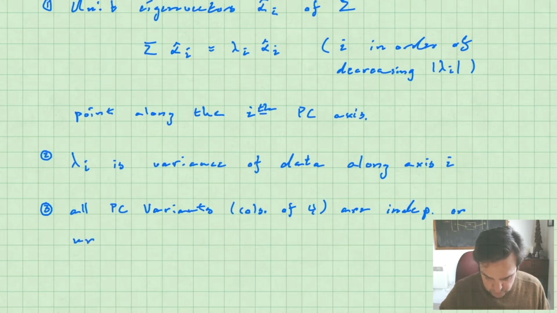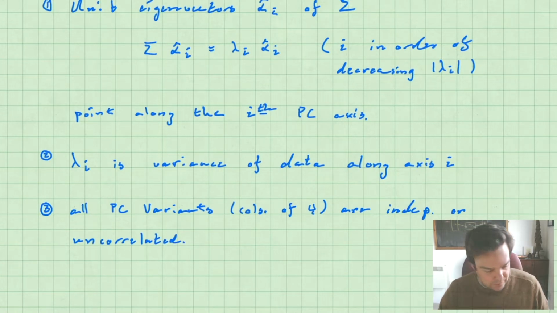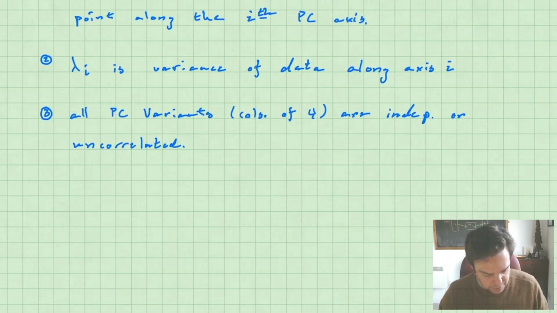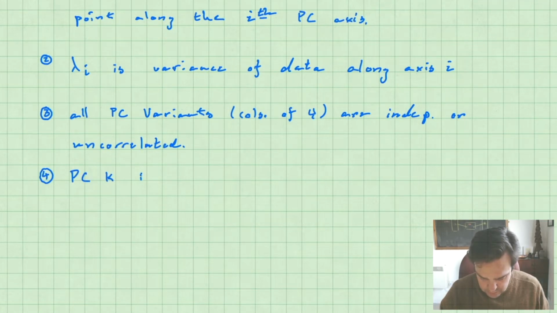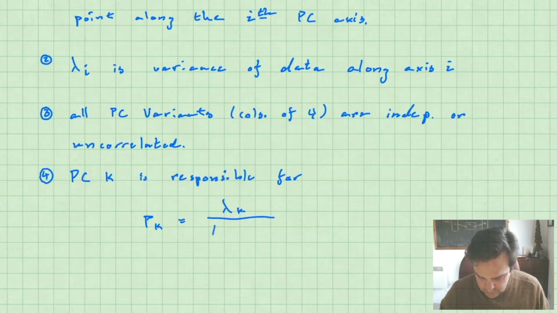And then property number 4, which is the last one I want to list, is just a statement about the cumulative or the proportion of variance. So PC k is responsible for the following amount, P sub k, which is lambda k over trace of sigma. Or we've seen it written the other way as well.